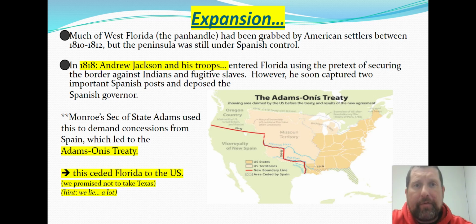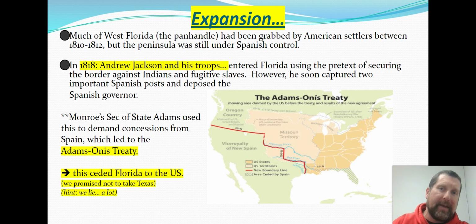That itself is up against a backdrop, of course, of American expansionism. And we'll start talking about Florida, which is the lone holdout, right, of Spanish control. The panhandle of Florida had long been grabbed by American settlers in the early 1800s, but the peninsula itself is still under Spanish control.